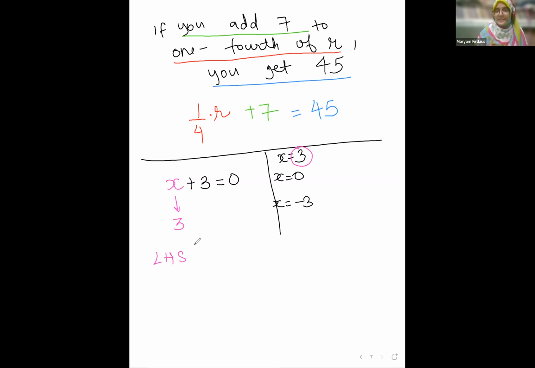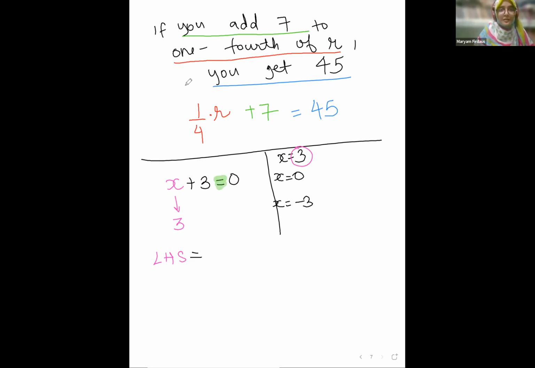Okay, wait. Let's come to the second one. First, let's complete the first thing. And see, this is how you need to write it. There's a very systematic and organized way of how to write things in math. So the LHS, left hand side of the equation, that means the part of the equation that is to the left of the equal to side, right?